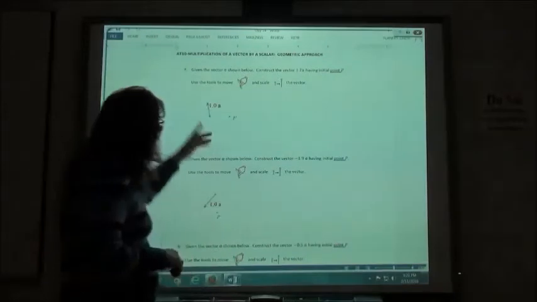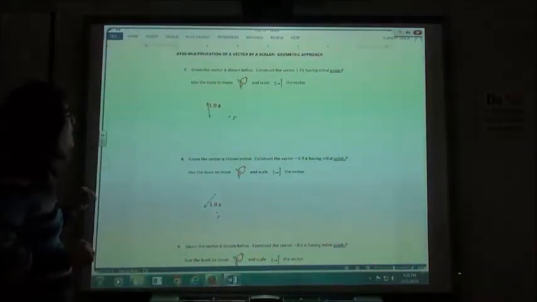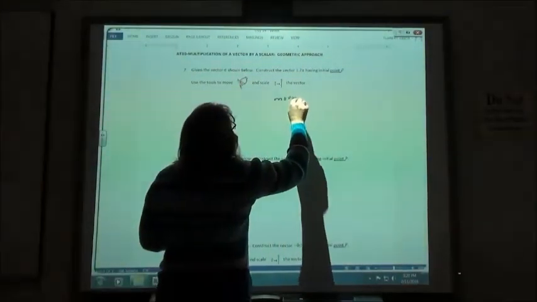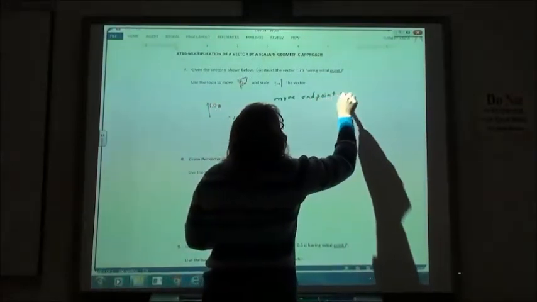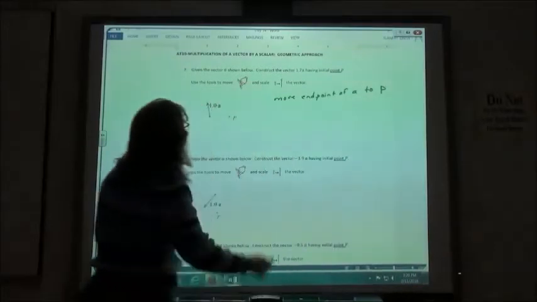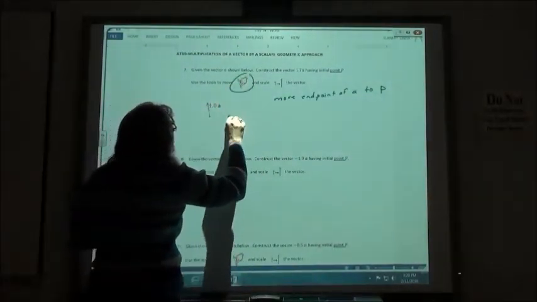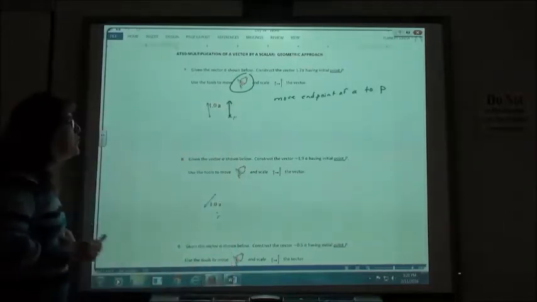So we'll go over on Alex and use that tool, but just what I'm going to write here is some instructions. So you're going to move the end point of A to P. So you're going to grab this tool right here, grab that, just pull it over so that the end point on here ends up moving it just over to there.